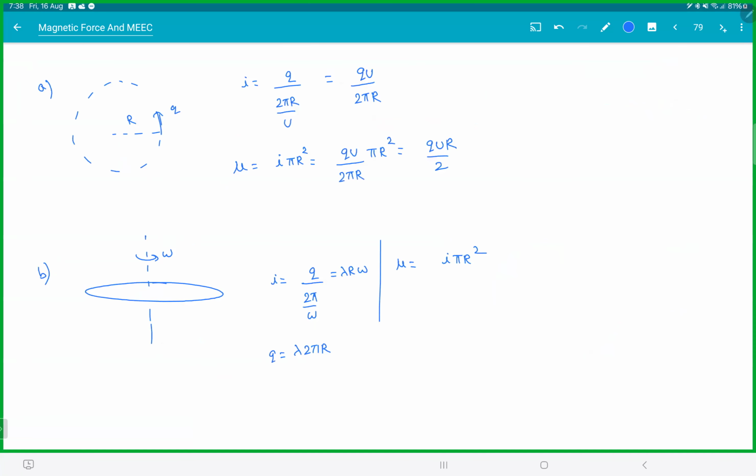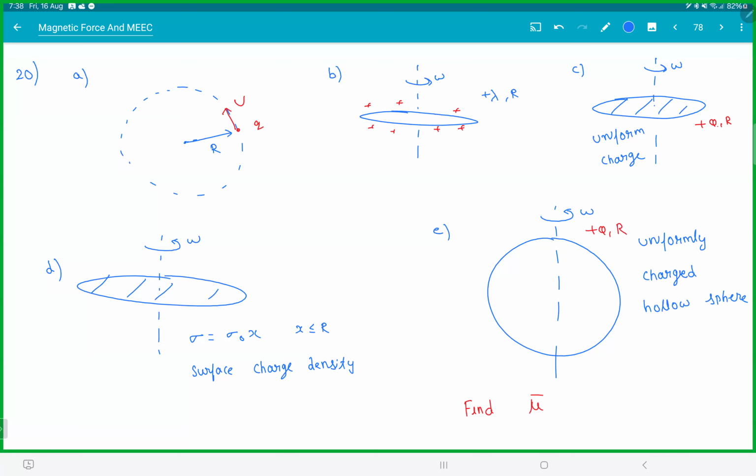What was to be done for the disk? Try. I'll do directly for D. So the idea was the same for that.